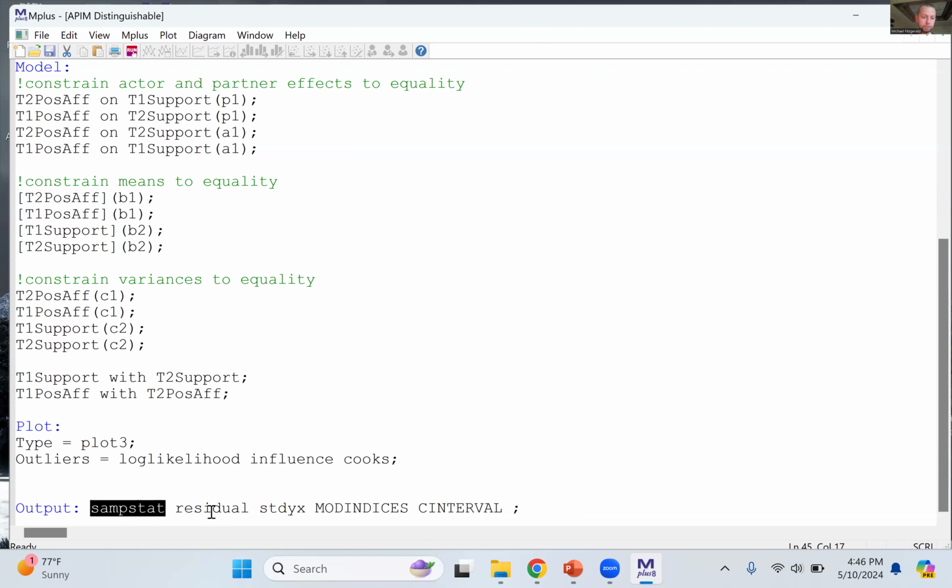We want the residual output, which again won't probably give us much usable information, at least in this analysis, but it is one of those defaults that I use. We also want standardized output as well as modification indices, and we want confidence intervals around our estimates.